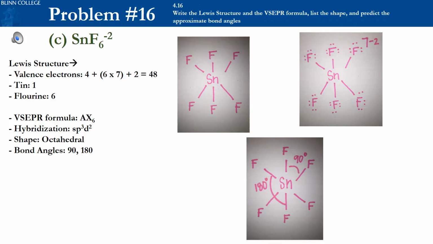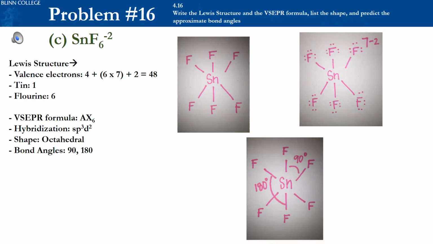And then the VSEPR formula would be AX6 in this case, where A is Sn and the X6 is 6 atoms of fluorine, and there are no lone pairs present on the central atom. Then you identify the molecular shape with the help of the VSEPR model.